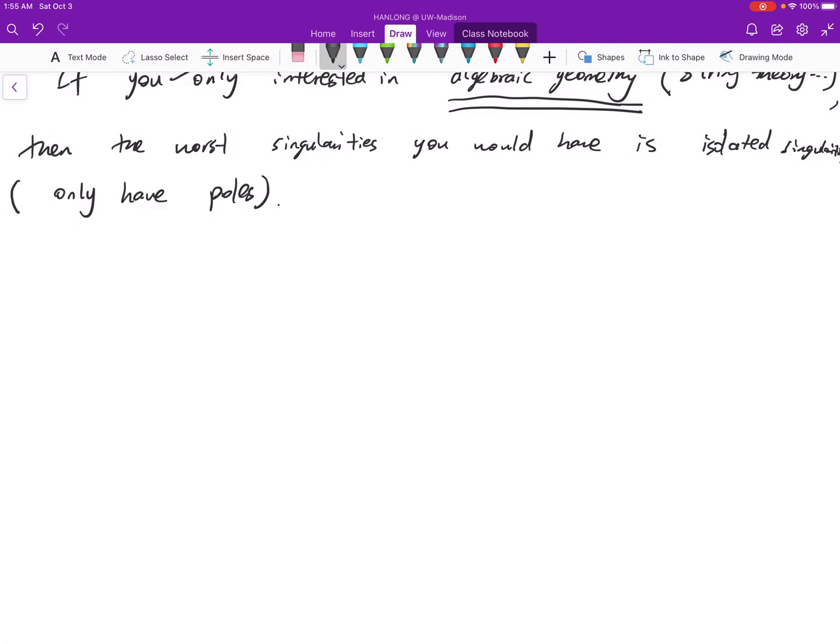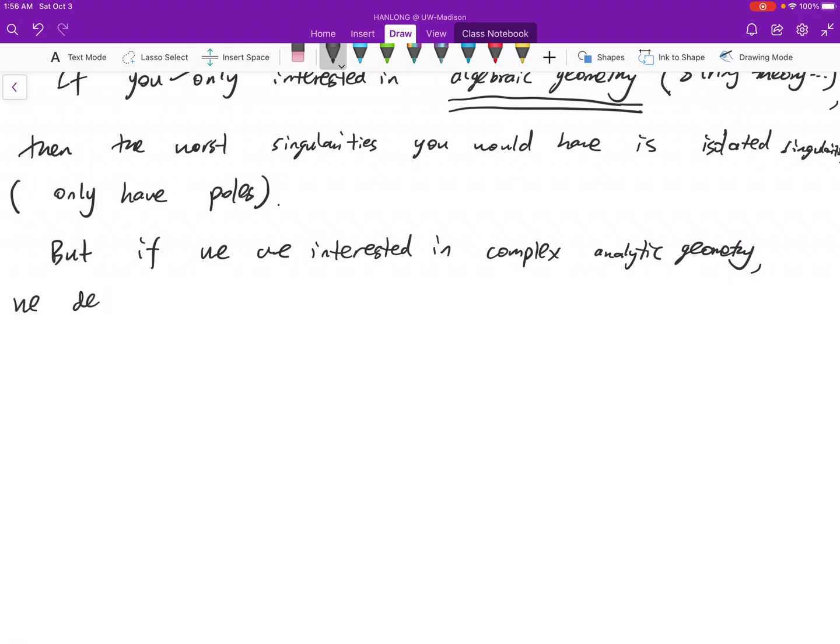Okay, but if you consider the more general complex world, complex analytic geometry, we definitely have worse singularities than isolated ones.